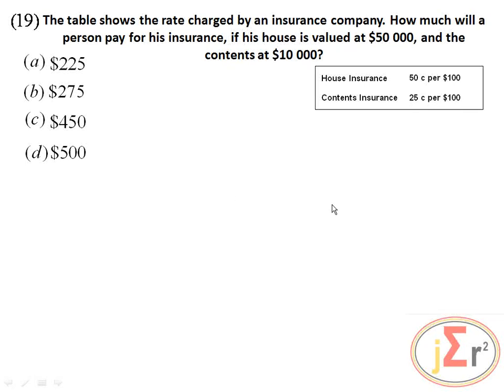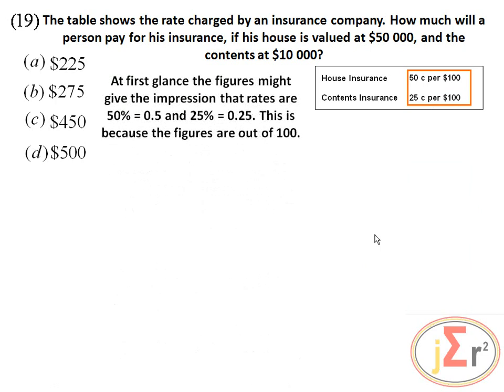But let us not be too jumpy. At first glance, the figures might give the impression that the rates are 50%, which is of course 0.5. So if we just take a look at this, 50, 100, we say okay, the rate is 0.5.